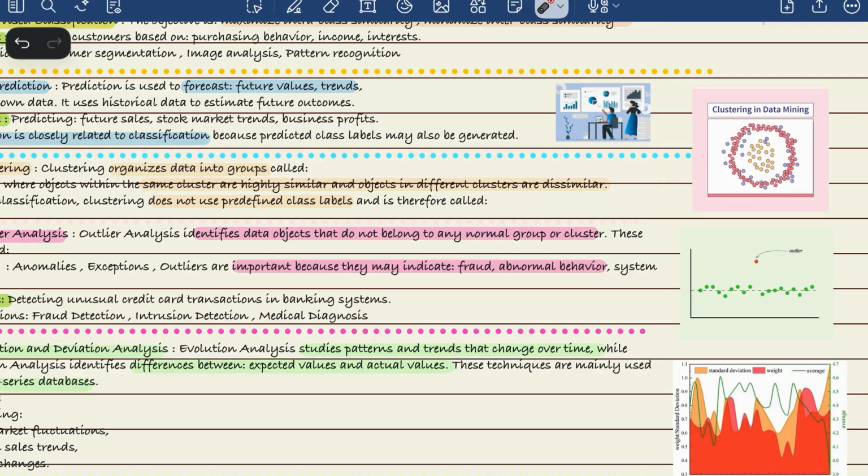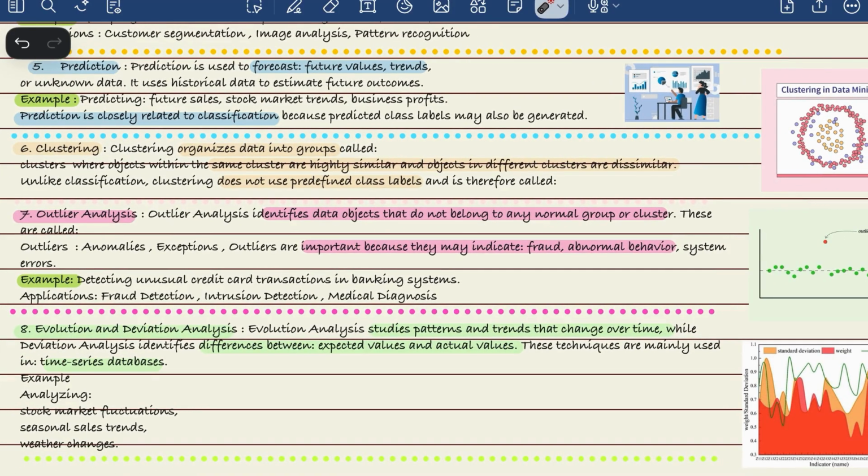One is the late night binger, like late night binge watching. One is the casual anime fan, and one is the weekend sport viewer. So this is how you cluster the behaviors. So this is how clustering works. It is like classification, but it is not like classification.